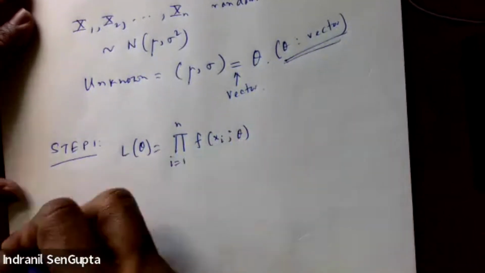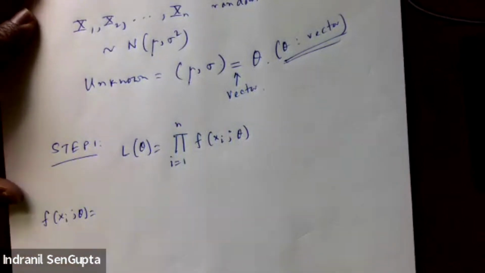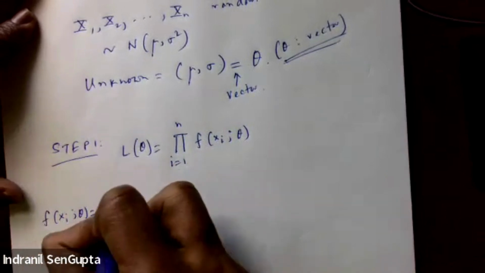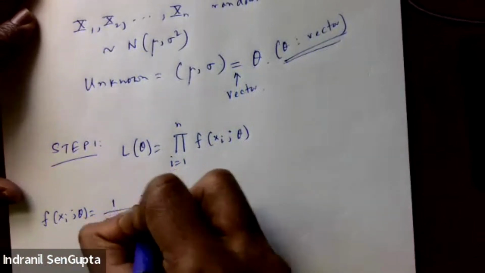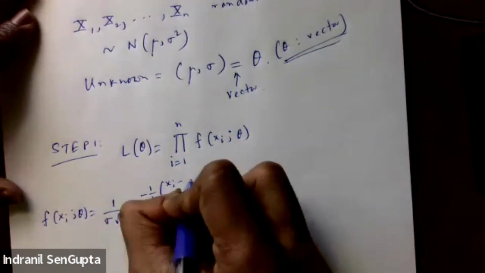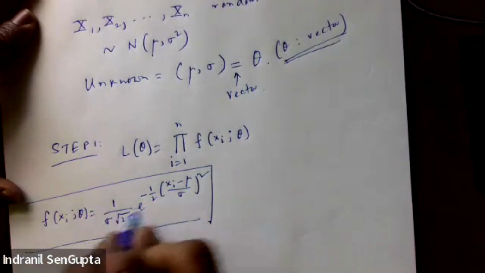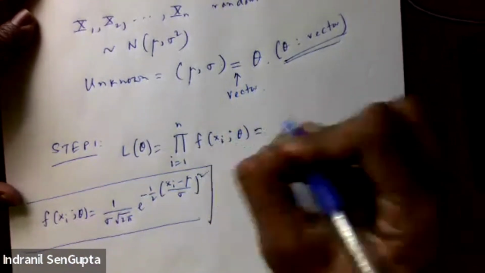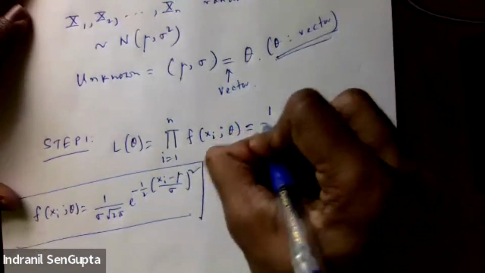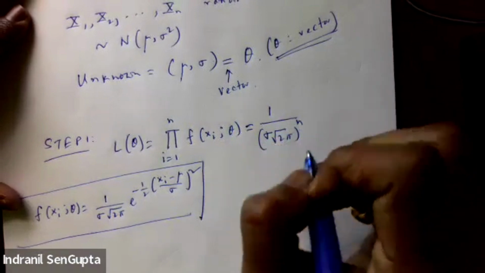The individual one, f of xi theta, is the normal density: 1 over sigma square root of 2 pi, e to the minus 1/2 times (xi minus mu over sigma) squared. If we have n of those, we write 1 over sigma square root of 2 pi to the nth power.